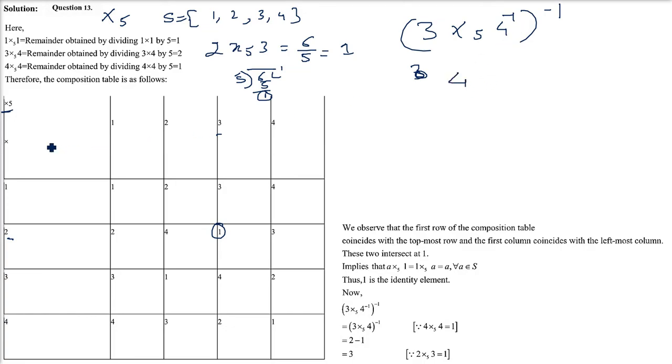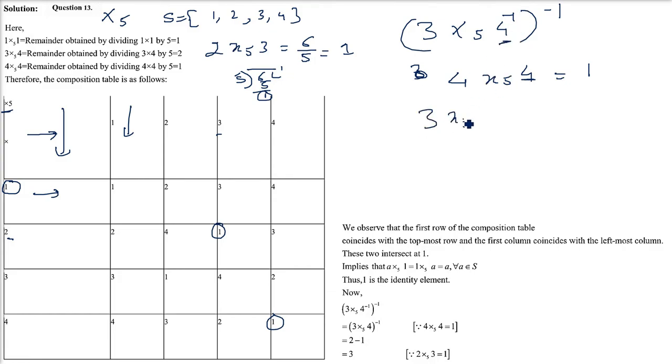The first row and second row are the same because the operation is with 1, and the first column and second column are the same. So 4 operated with what value so that you get 1? That is how 4 inverse is found. 4 operated with 4 gives 1, so 4 is the inverse of 4. So in the place of 4 inverse, you are going to put 4.